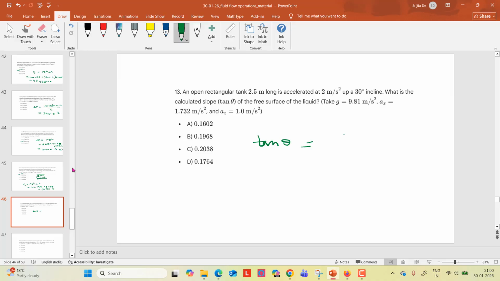The vertical one is 1.732 and horizontal is 1 plus 9.81. So this is coming out to be 0.1602.